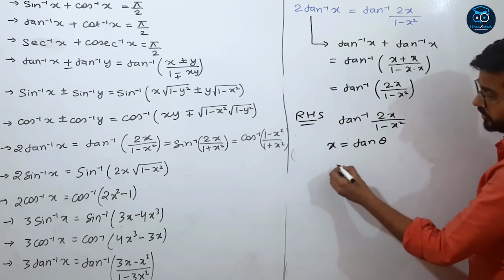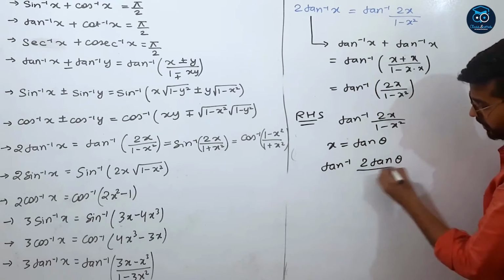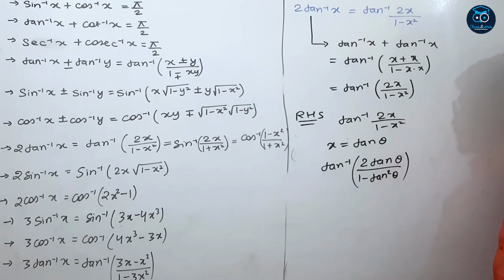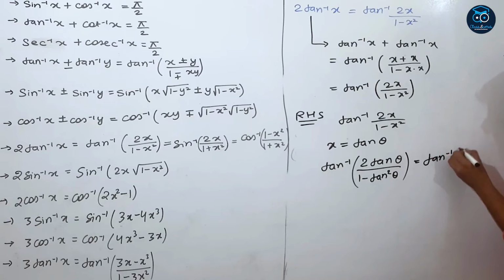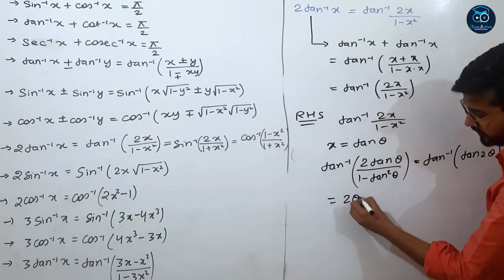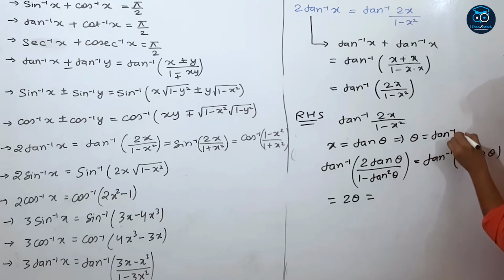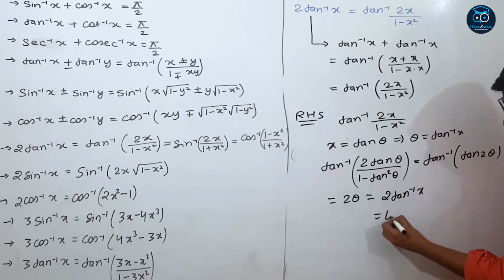Substitute this, so we get tan inverse of 2 tan theta upon 1 minus tan square theta. 2 tan theta upon 1 minus tan square theta is the identity for tan 2 theta, so it becomes tan 2 theta. By the self adjustment property, tan inverse and tan cancel, so we get 2 theta, and the value of theta is tan inverse x. So our answer is 2 tan inverse x, which equals the LHS.